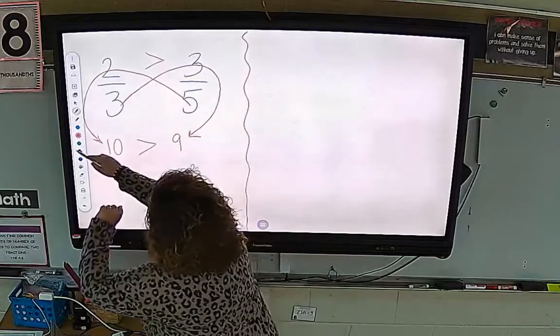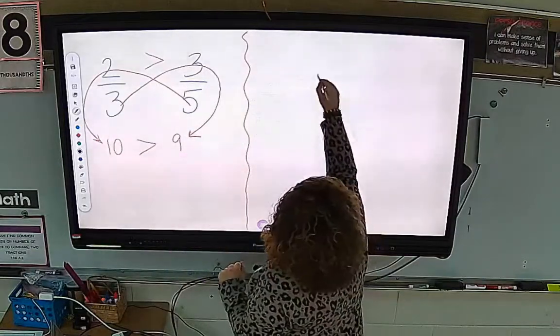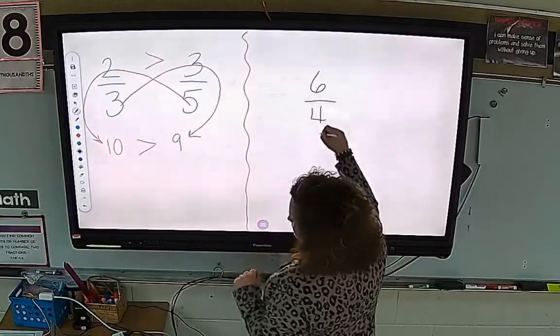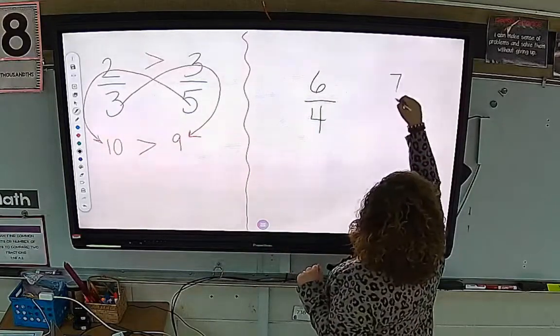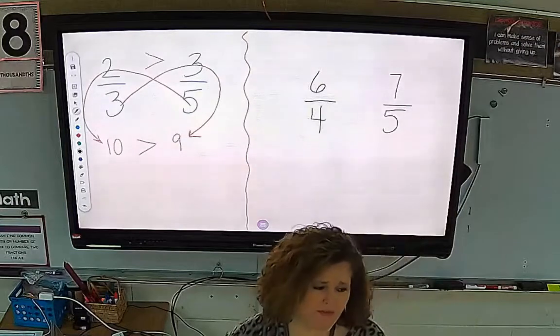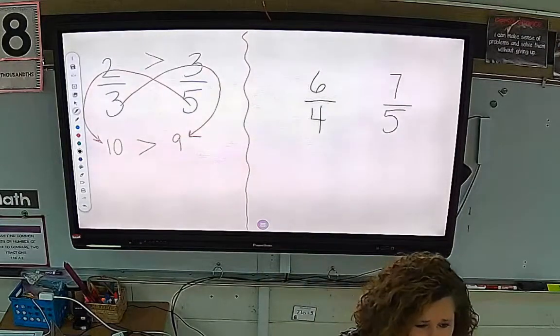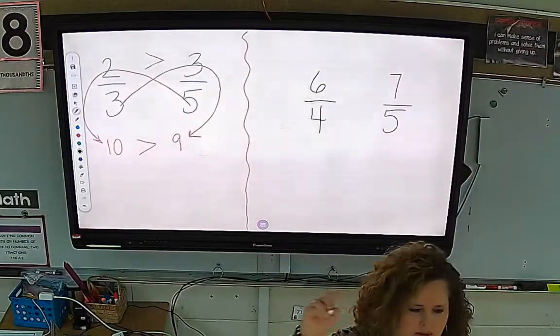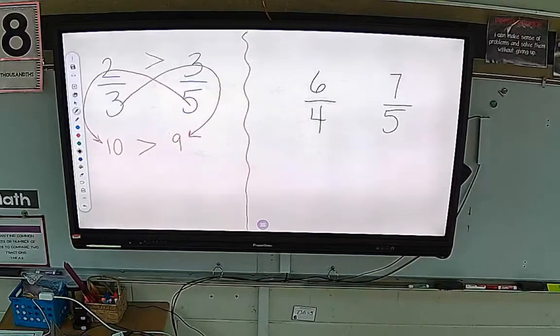Okay? 6/4, again, improper fraction, and 7/5. Okay. Now, you know what the hardest thing about the heart method is: making sure my lines go through the right numbers and land in the right place. And, you know, just be careful. Okay. Give that a try.